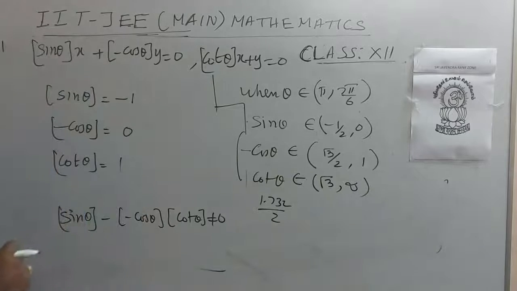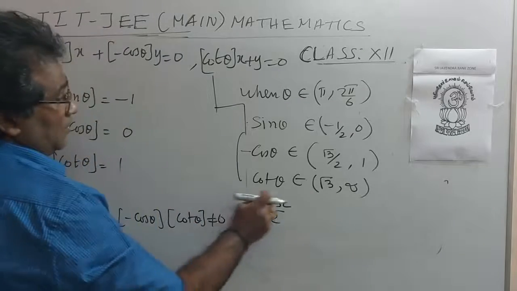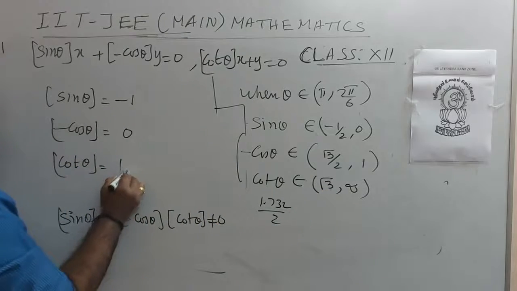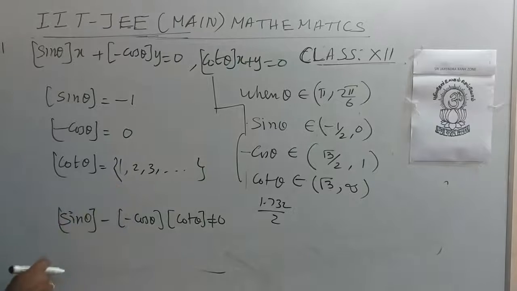So we have many values, starting from 1, 2, 3.